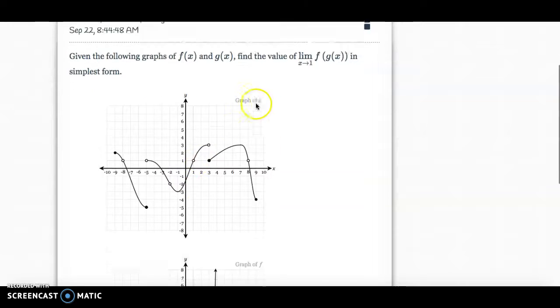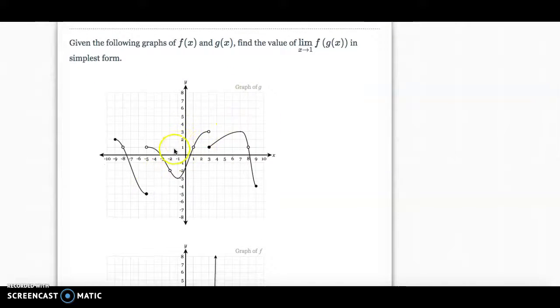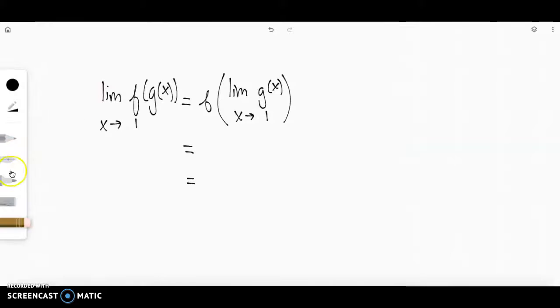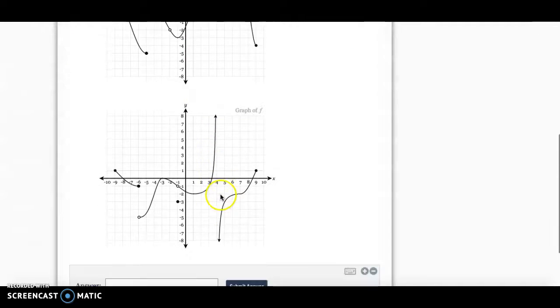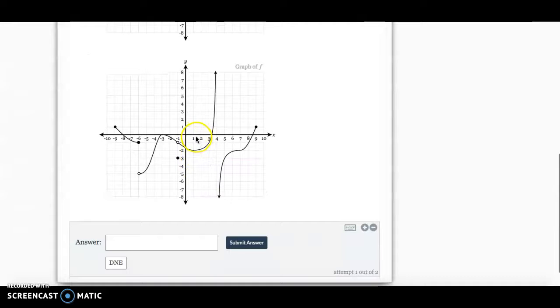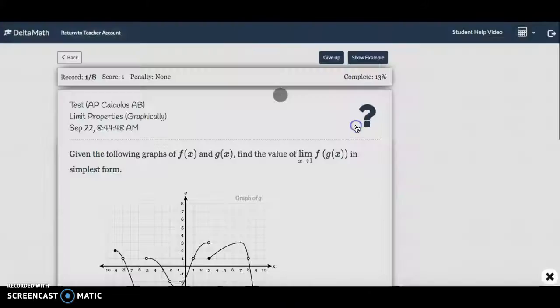Using my graph of g, as I approach 1 from the left and the right hand side, my limit is 1. So then I'm just finding f of 1, and I do the same thing. F of 1. There you go. Weird, my answer is the same both times.